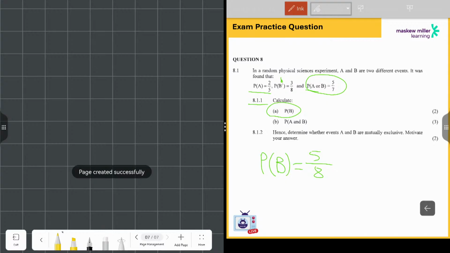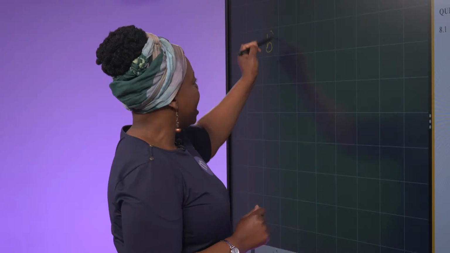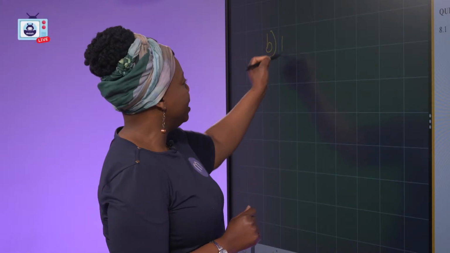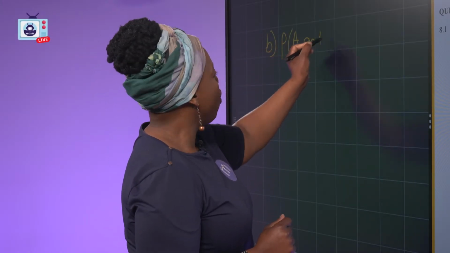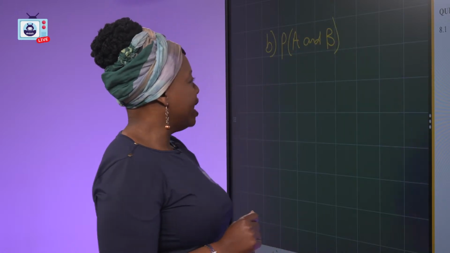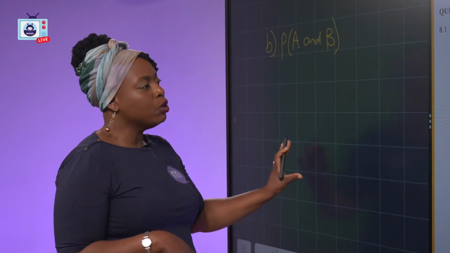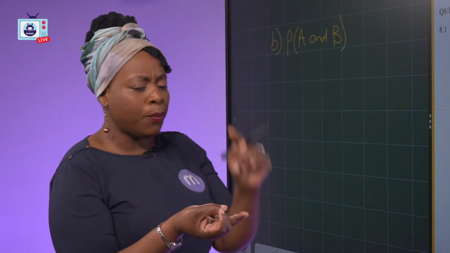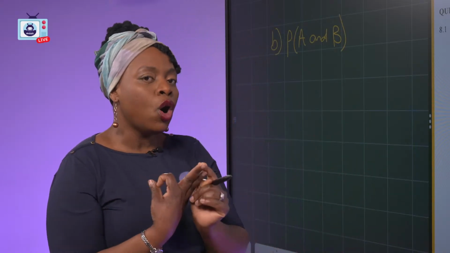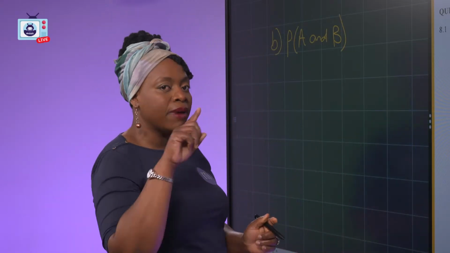Now, the second question, we are asked to find the probability of A intersecting with B. Right? For me to get that, I would need more information. I need the probability of A, I need the probability of B, and I need the probability of the union of the two. So that means I need my addition rule.